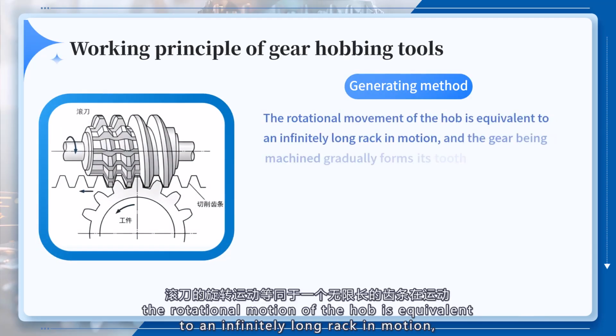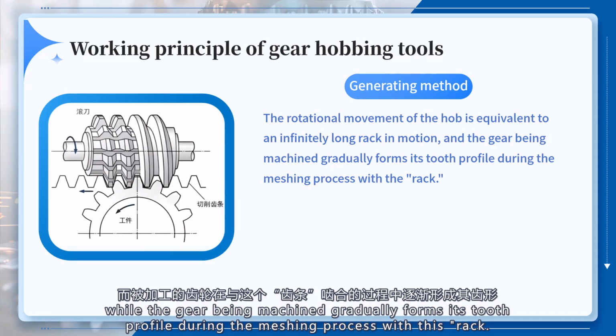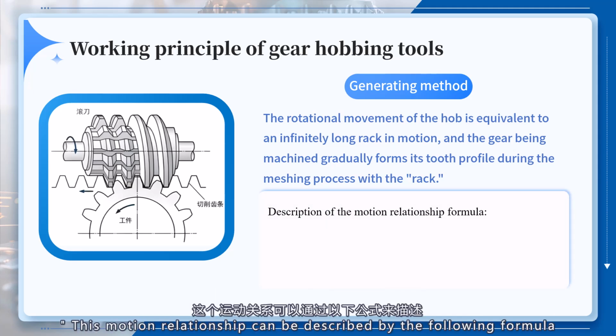Specifically, the rotational motion of the hob is equivalent to an infinitely long rack in motion, while the gear being machined gradually forms its tooth profile during the meshing process with this rack. This motion relationship can be described by the following formula.